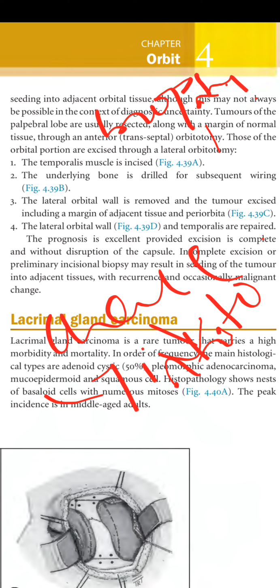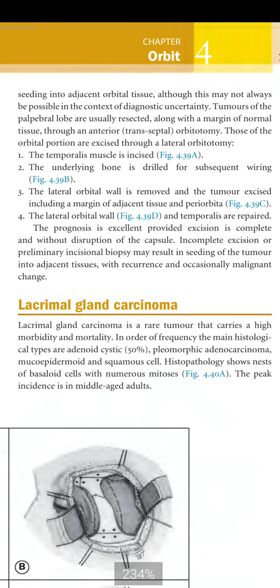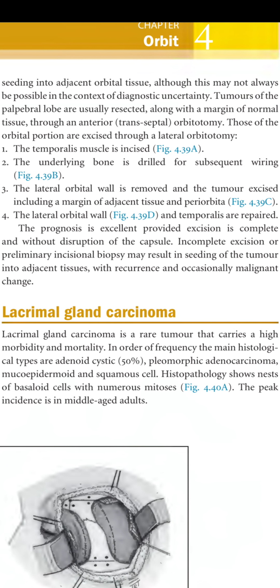And we remove the palpebral lobe tumor through an anterior orbitotomy and the posterior or orbital portion through a lateral orbitotomy. So what we do is, the temporalis muscle is dissected and the underlying bone is drilled.